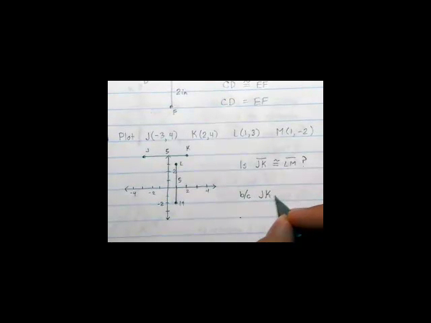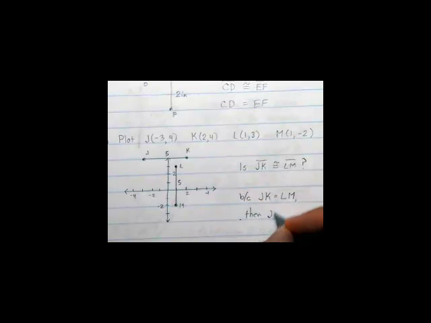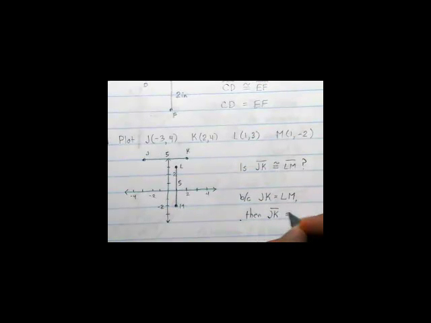Because the length of JK is equal to the length of LM, then JK is congruent to LM. We got it. So that's one way that you can check for congruency. Just count, see how far apart they are.